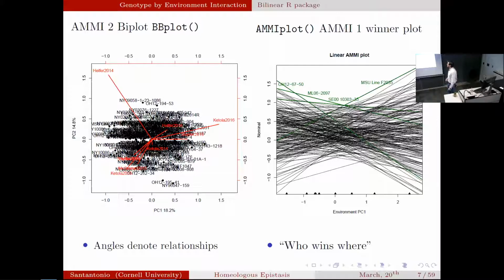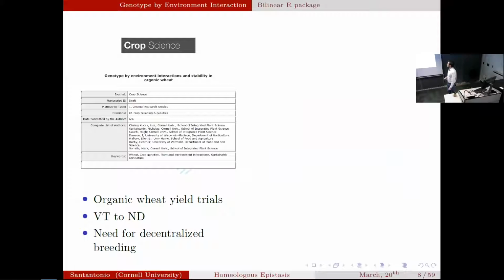Okay, so this was just to kind of introduce this package. I've worked together with Lisa Kissing-Kusek, a colleague of mine in Mark Sorrells' lab. She was looking at organic wheat yield trials that were replicated from Vermont to North Dakota, looking at the response of organic grains to different growing environments.